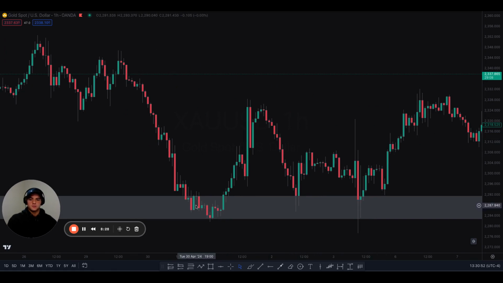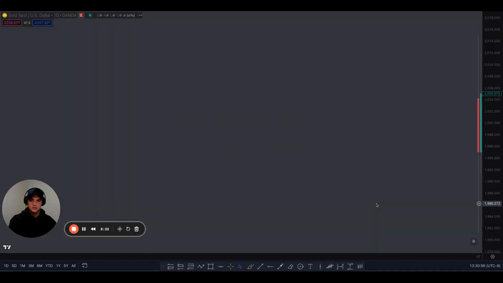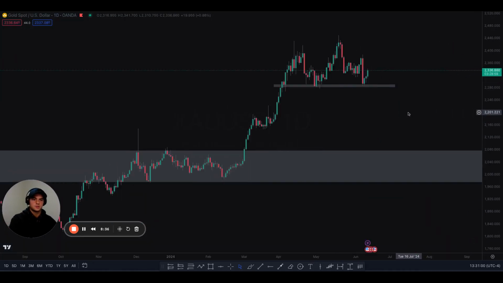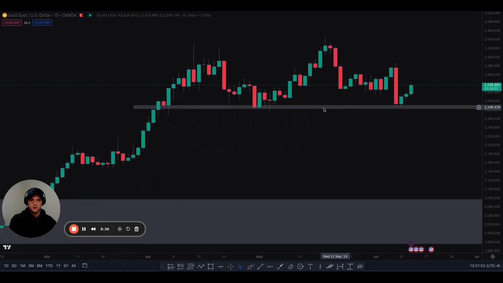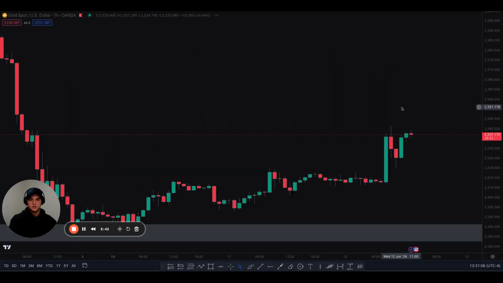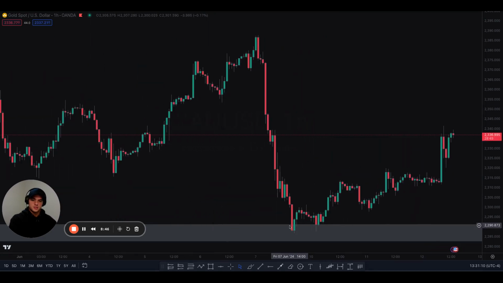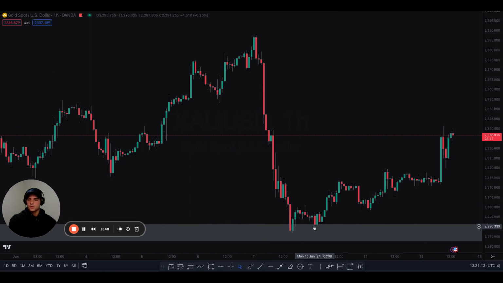You see this level of support, and that this was the previous level of the daily support. So not this one, but this one, previous daily level of support, as you can see, was broken down to this, confirmations here that you have on the 1 hour time frame.